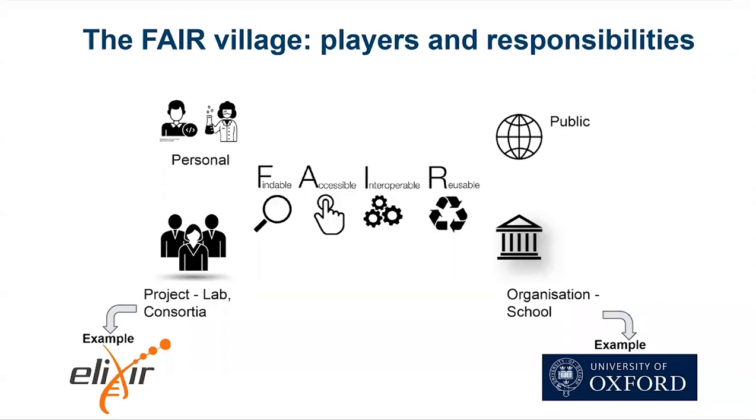Okay, it was just a brief overview, also to show that we need to start working in different ecosystems, and each institution is an ecosystem. Now, Oxford, for example, is part of Elixir, which is a bigger ecosystem.